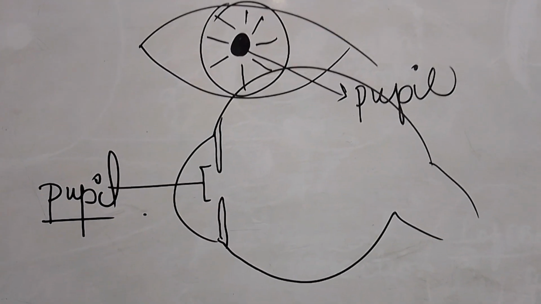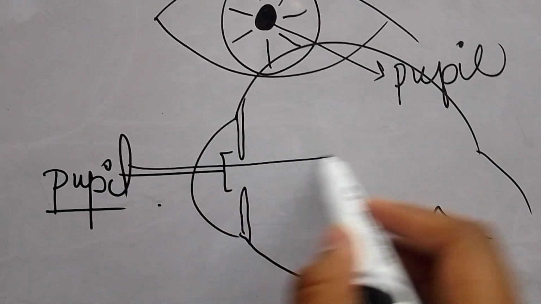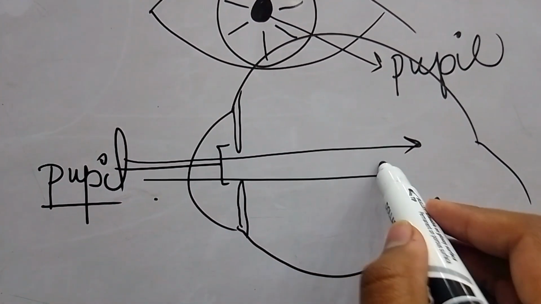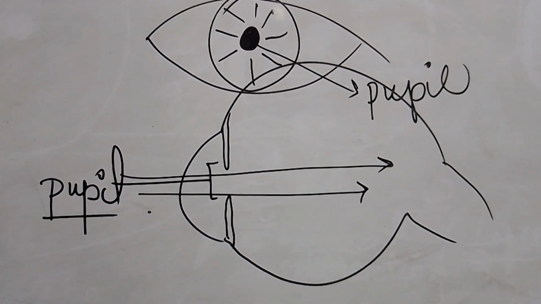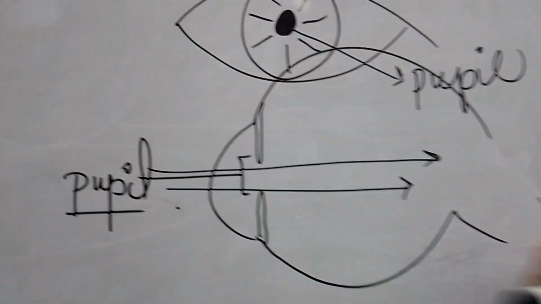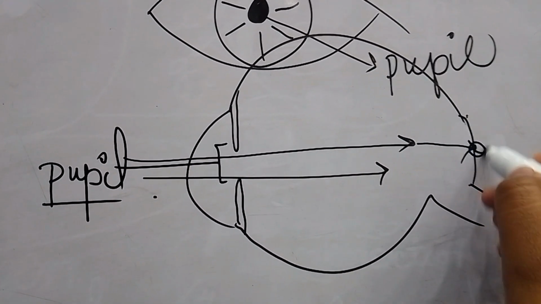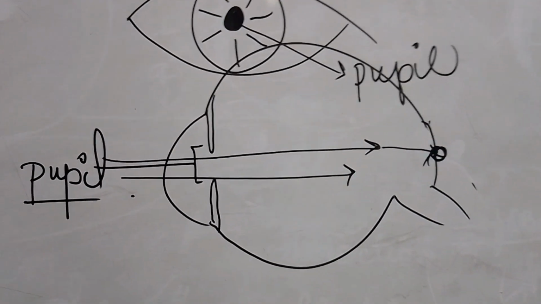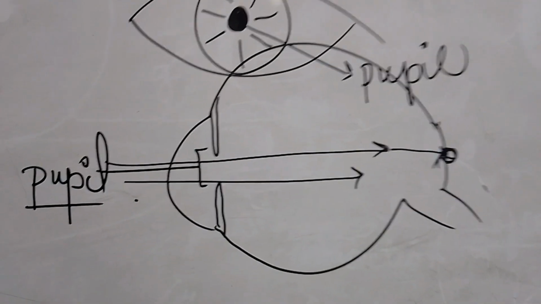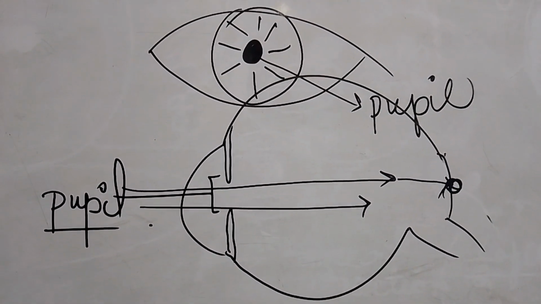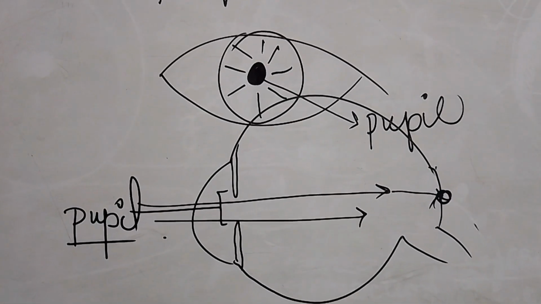So either the more amount has to go into the eye or less amount, so it regulates the amount of light that is entering the eye and thus reaching to the fovea or the macular region, right? So the function of the pupil is that it allows the light rays to enter the eye.